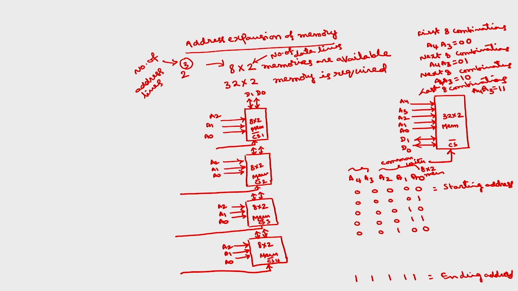So, I want to store the first 8 locations in the first 8 by 2 memory, the next 8 locations in the next memory, and so on up to the last memory. For that I require another decoder. So, I will take a decoder here.